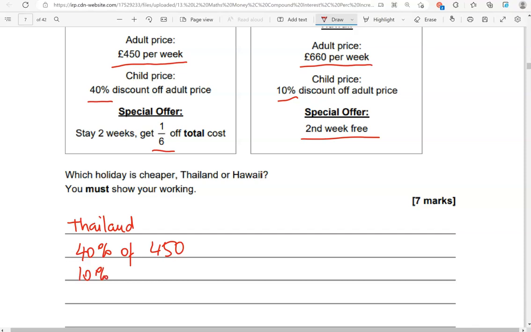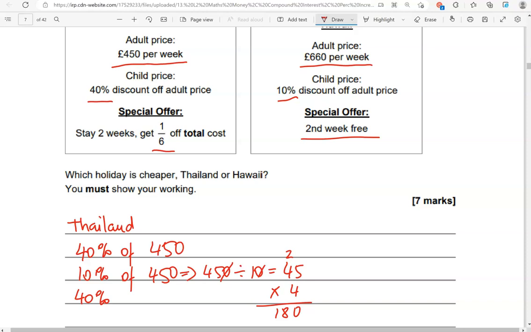So 10% of 450, that is 450 divided by 10, which means knocking off a 0, so that is £45 for the 10%. What about 40%? That will be 4 times that. So we're going to multiply 45 by 4. 4 times 5 is 20, so 0 down, 2 carried over. 4 times 4 is 16, and the 2 is 18. So that is £180, the discount.